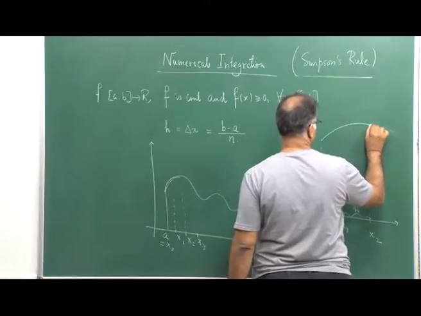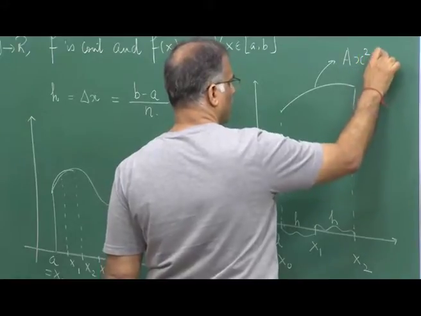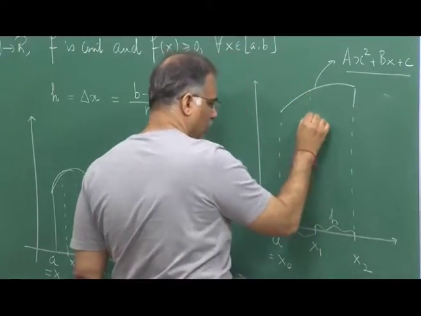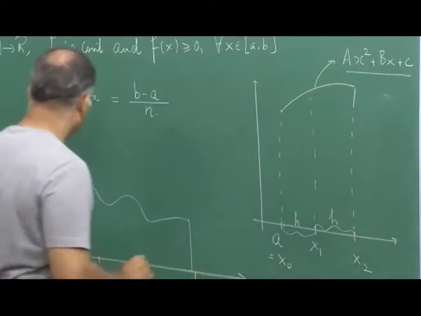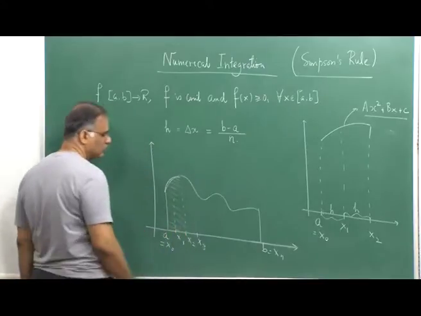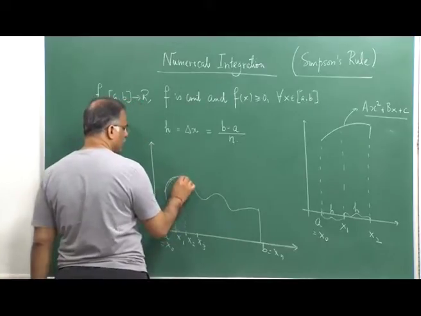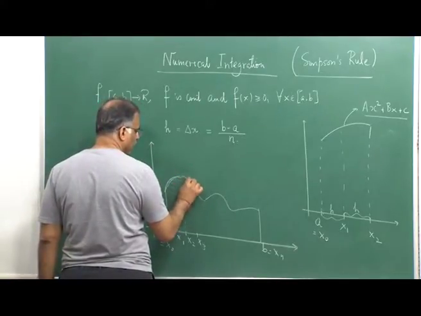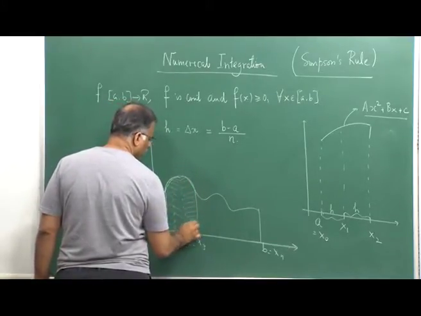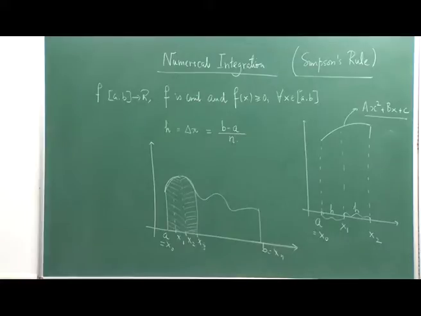Here is a quadratic function, actually of the form ax square plus bx plus c, and essentially you want to find this area. Again you go to the next part, fit by that curve, and again compute this area. You might think it is a slightly complicated way, but it has lesser error. That is what one would find.